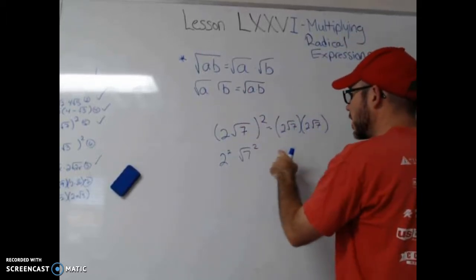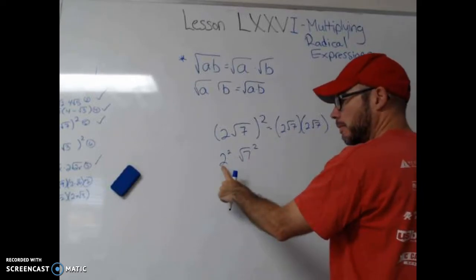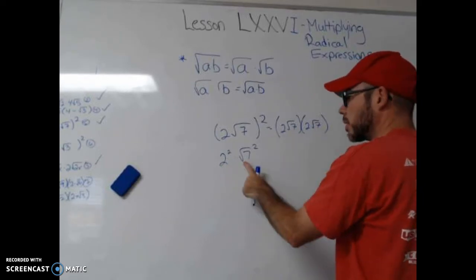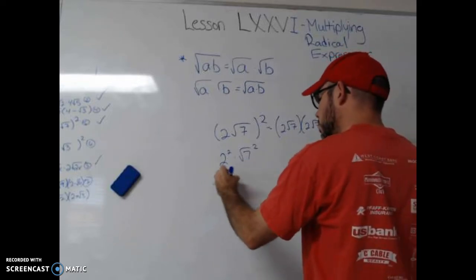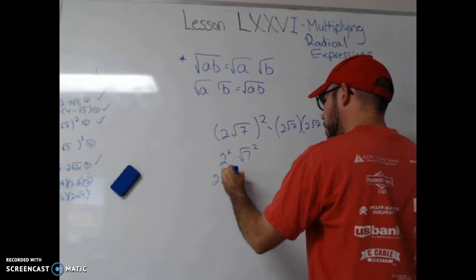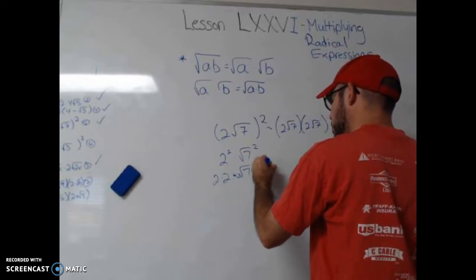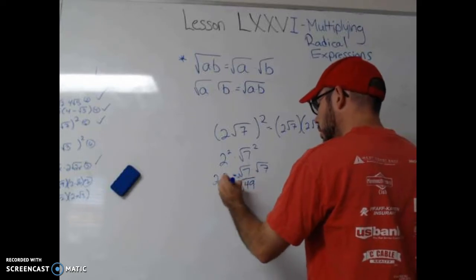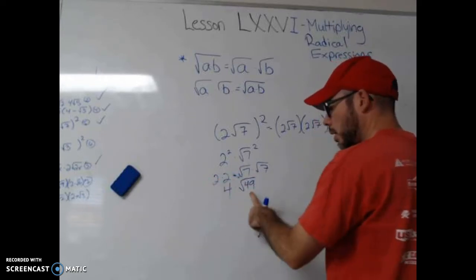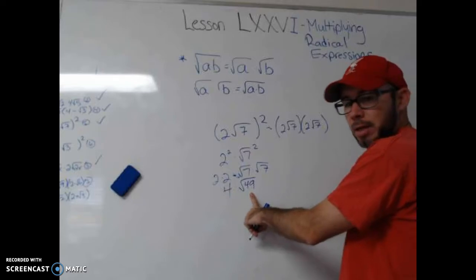It means all this multiplied by itself. So if we think of it like that, there's the 2 times 2, and then we got the root 7 times the root 7. There it is, it's twice. If you would like to, you can think of it like this: 2 times 2 times root 7 times root 7. And then you can combine those under one thing, like the rule says. And you know what that is, right? 7.